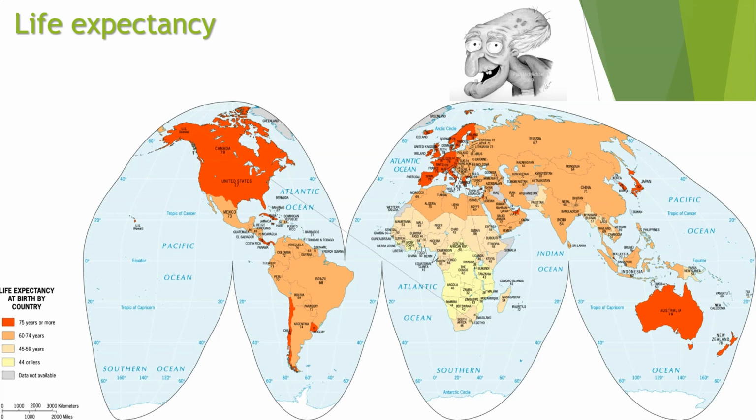Those semi-peripheral countries, Middle East, Russia, and there's an example, East Asia, Southeast Asia, going to be in that 60 to 74 range, and then parts of struggling sub-Saharan Africa, 44 or less. AIDS has a big impact on that one as well.